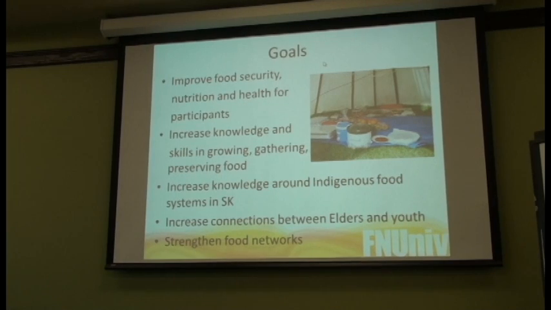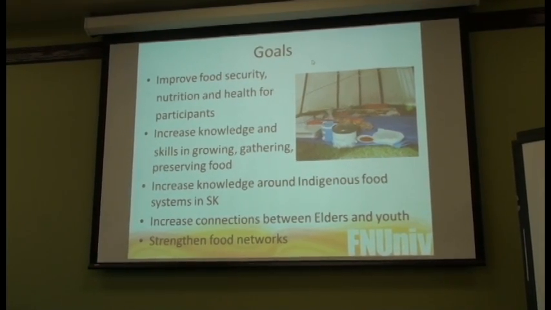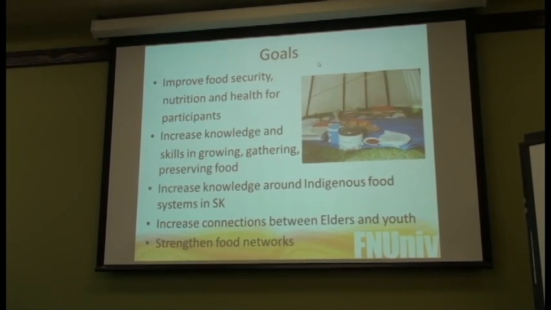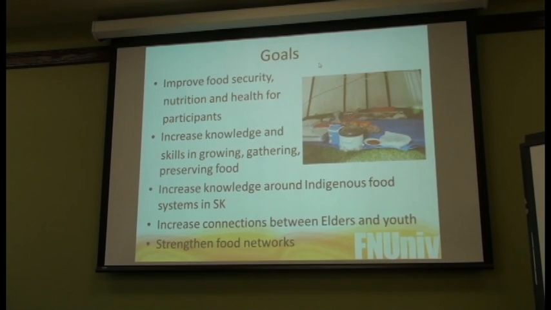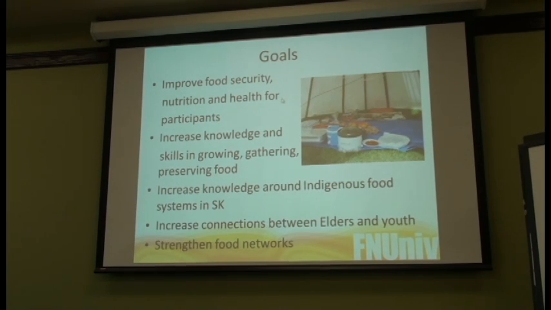We had a variety of goals. We wanted to improve food security, nutrition, and health for the participants. We wanted to increase knowledge and skills in growing, gathering, and preserving Indigenous foods. We wanted to increase knowledge around Indigenous food systems in Saskatchewan and explore them at the same time, and increase connections between elders and youth, and strengthen local food networks.